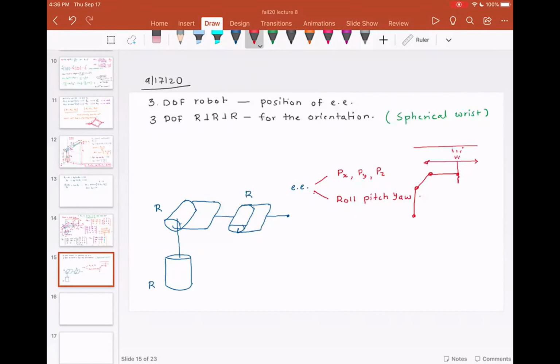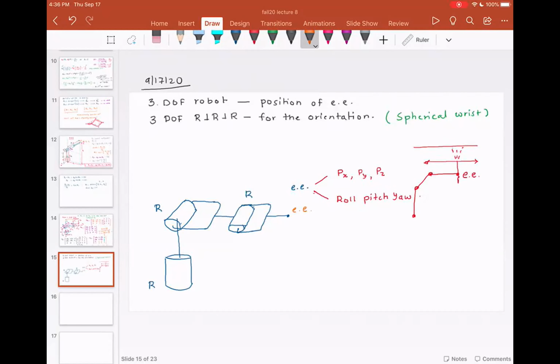Or if you want this painting to be done on the side, then you want to orient this end effector, and then you want to carry out the painting. To perform this particular operation, either it's painting, welding, or some other manipulation, this end effector, once again, needs to be oriented in a particular orientation in 3 dimensions.